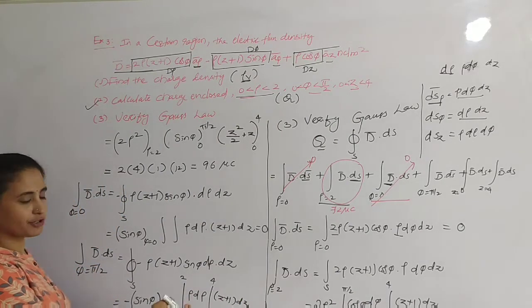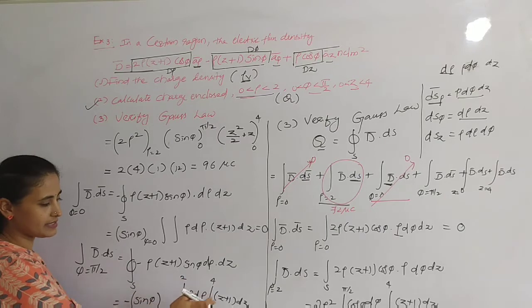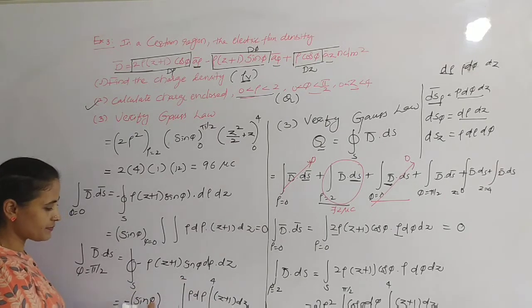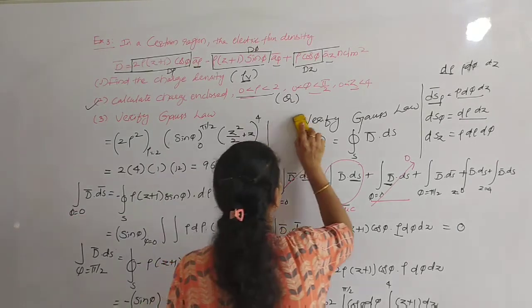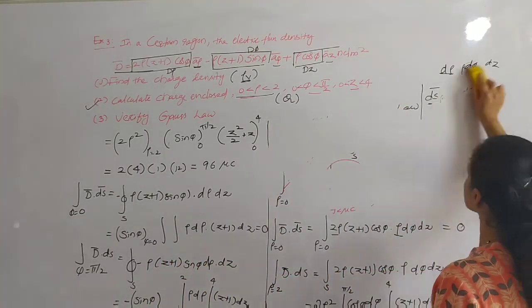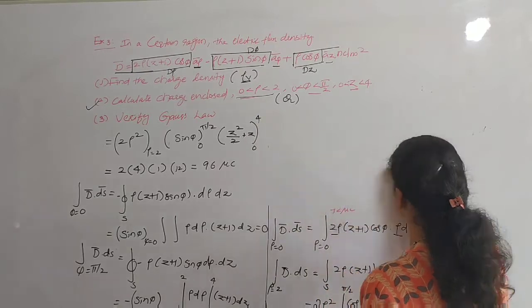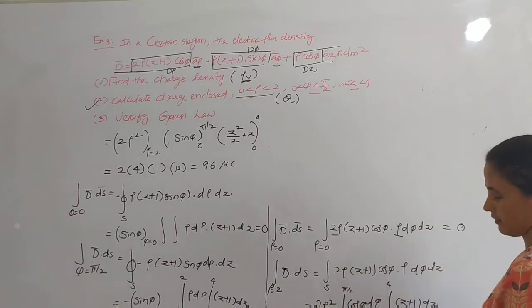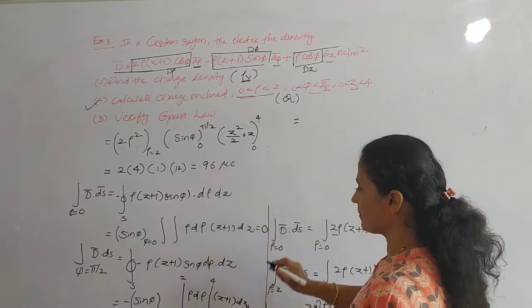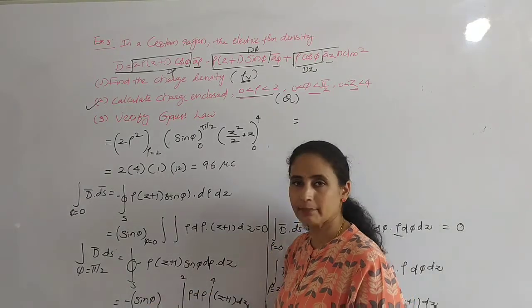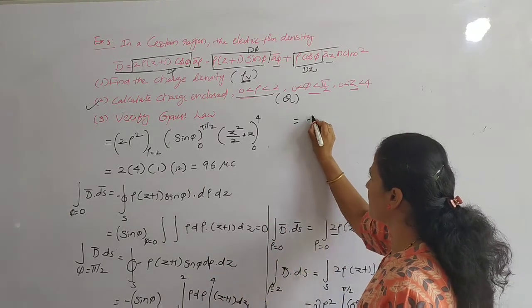Later we will integrate, apply the limits, and substitute phi in this place. This is given by minus sin pi by 2, which is 1, so minus 1.